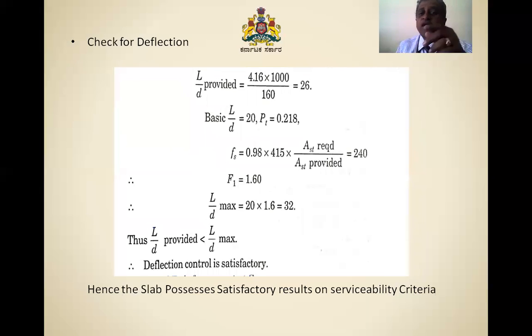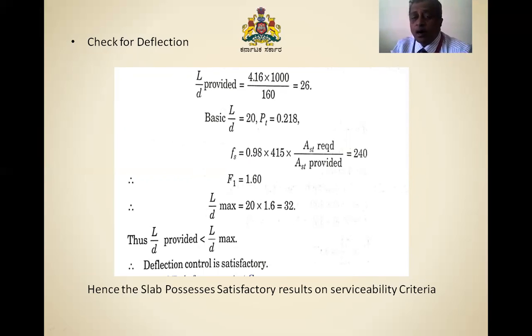So now check for deflection. L by D provided is how much? Check it. The basic value for simply supported is L by D of 20. Percentage of steel is this much. This is Fs. What is Fs? The stress in the steel with respect to the steel provided; this Fs comes from the ratio of steel required to steel provided, from Figure 4 of IS 456. With respect to this, we find the Fs and the percentage of steel.